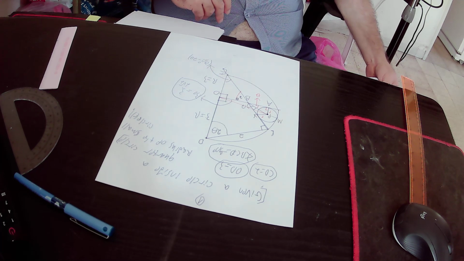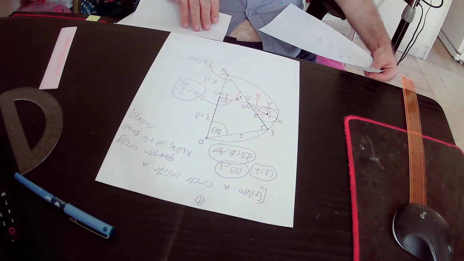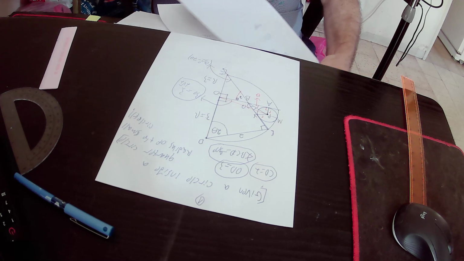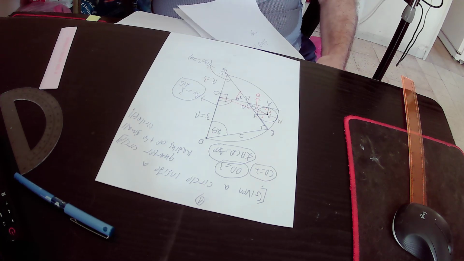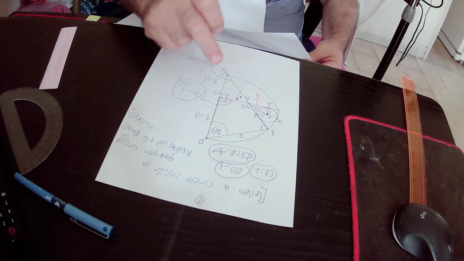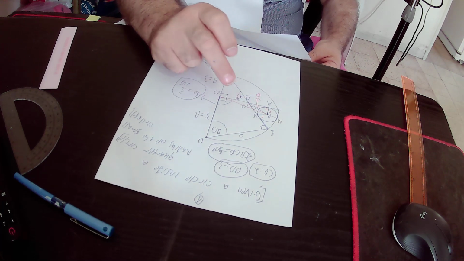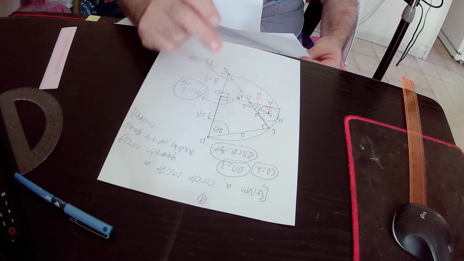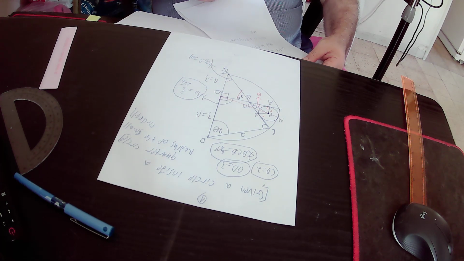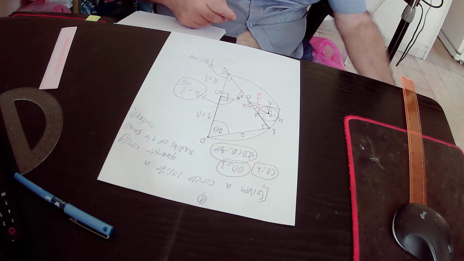Angle BCD is a right angle. It is actually also a peripheral angle.